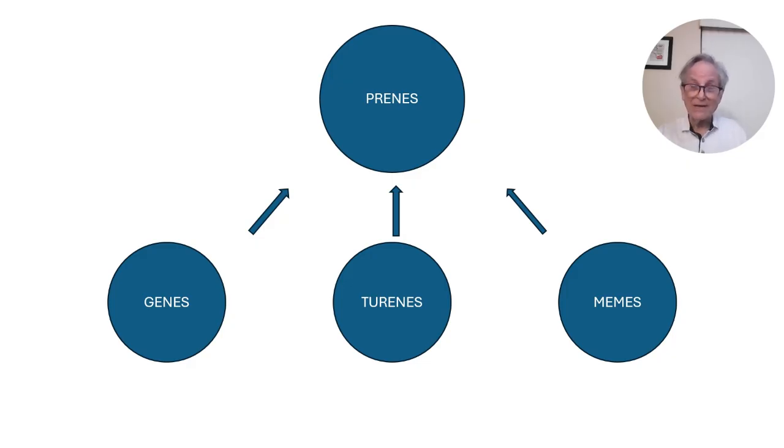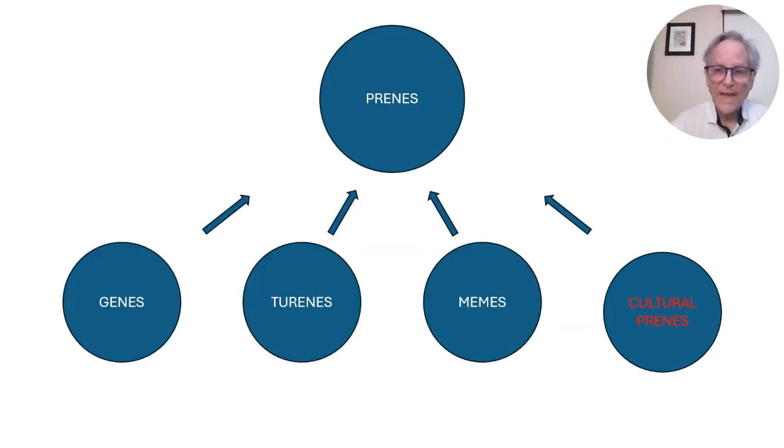Now, once you have a setup like that, you're bound to ask the question, well, are there other prenes out there? Perhaps even prenes that are just as important as genes, turenes, and memes. And the answer turns out to be yes. And the new set of prenes is what I call cultural prenes.